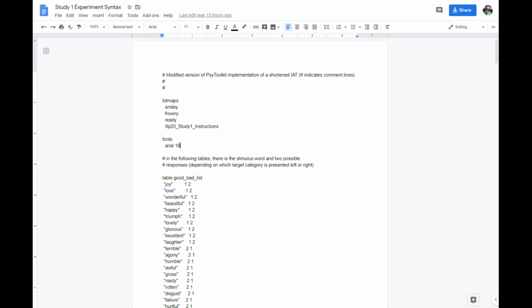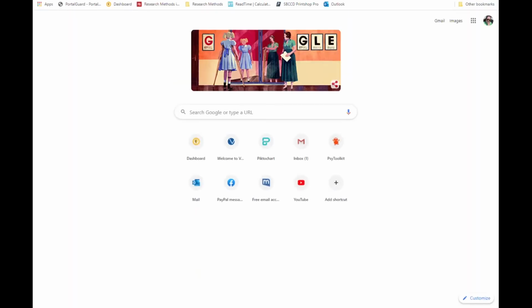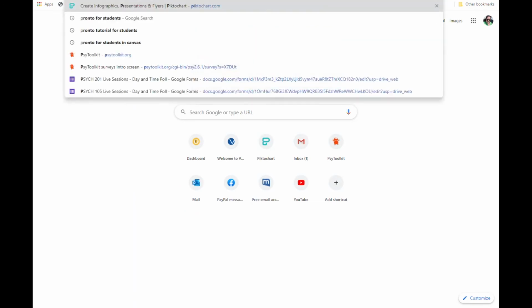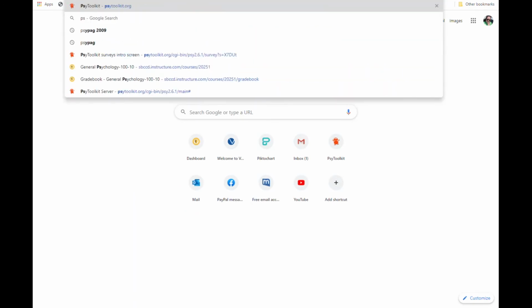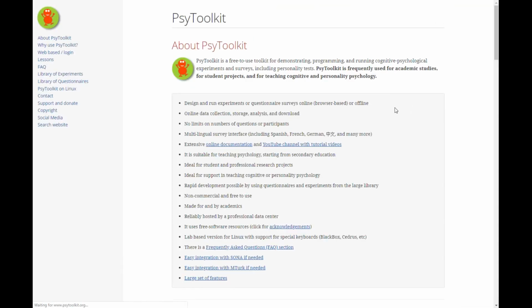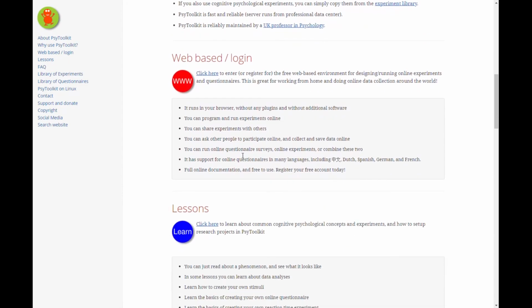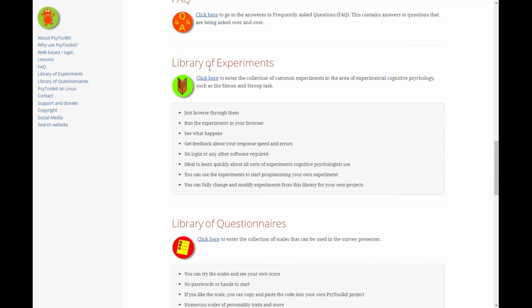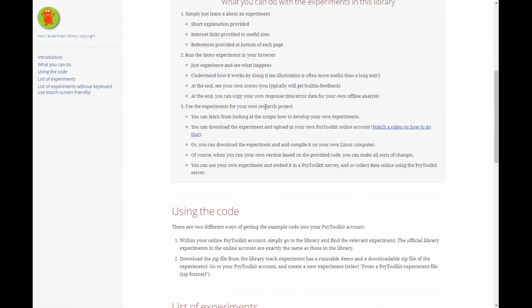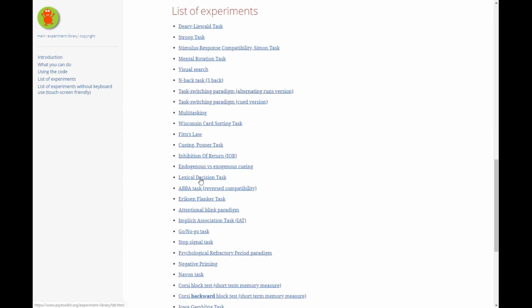I will also post a link to SciToolkit, which is the website where I hosted our experiment. And you can always go into their library of experiments and you can find the original. This is what it was based on, the implicit association task.